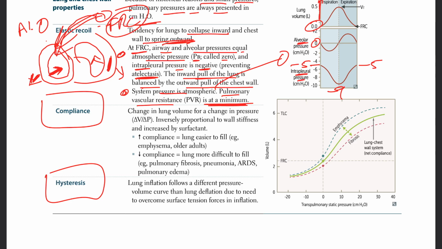That's why it's at rest, at FRC: alveolar pressure of 0, but intrapleural pressure of -5. Why? Because these two opposing forces create a negative pressure within the intrapleural space. No rocket science about it. That's all for elastic recoil.